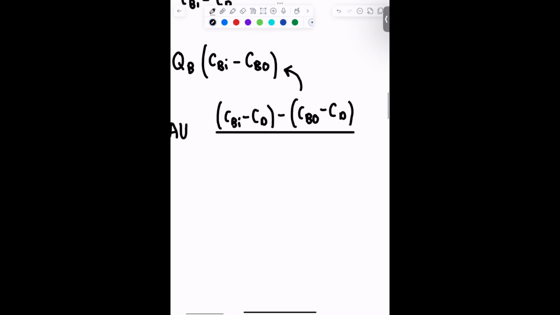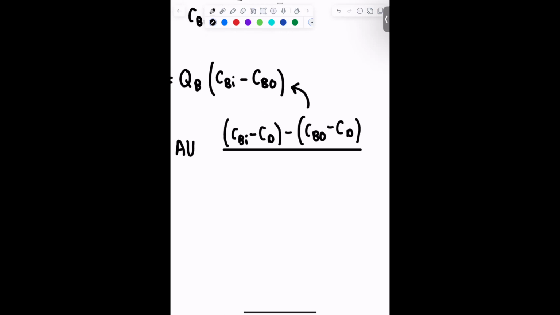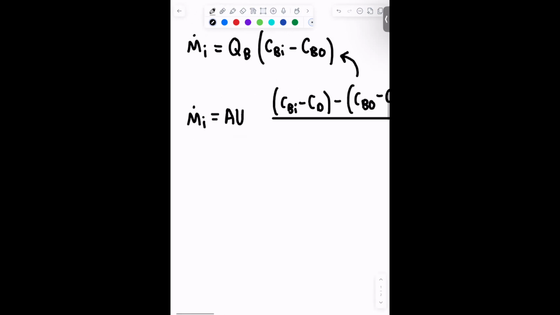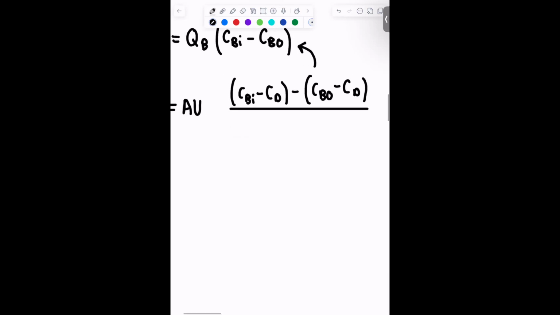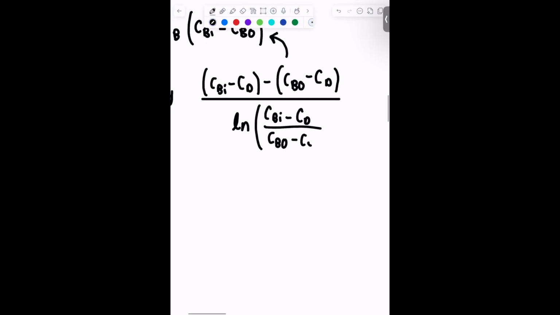We're just adding the CD terms. And then since we have A times U, that's QB, but you also have to add this ln here at the bottom so that we have our logarithmic mean equation right here.